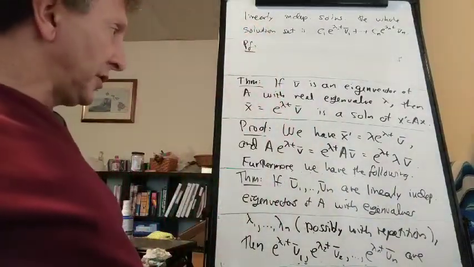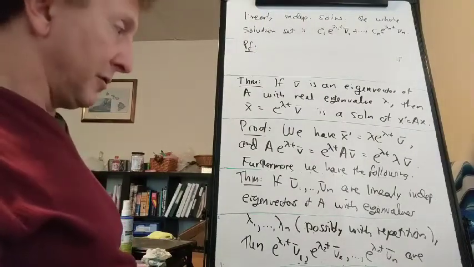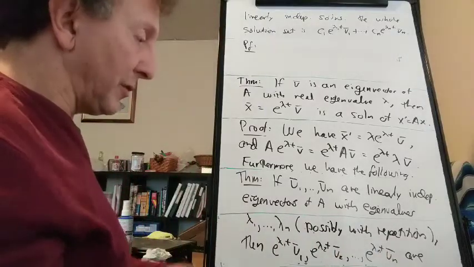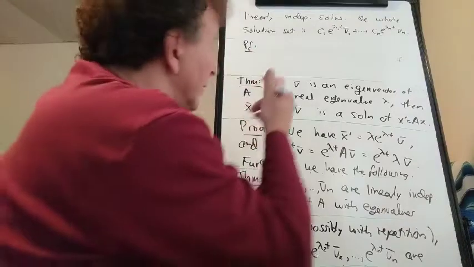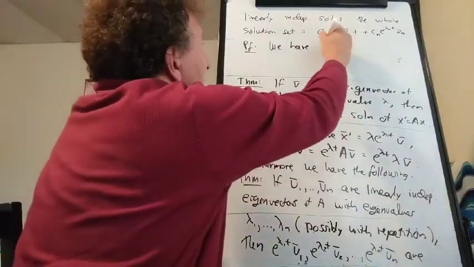So we know that the solution space of x prime equals Ax, if we have an n by n matrix, is n-dimensional. So if we find n linearly independent solutions, then we know that they form a basis. So let's just look at the Wronskian.